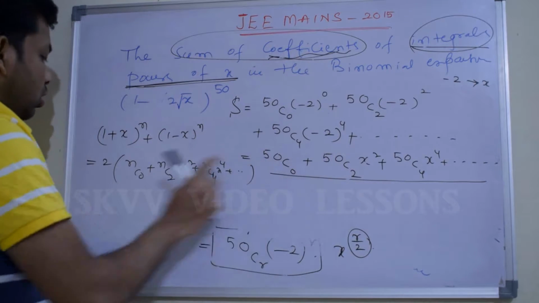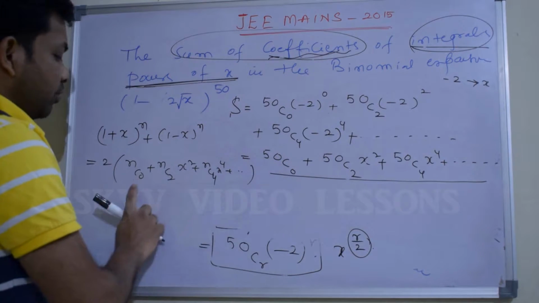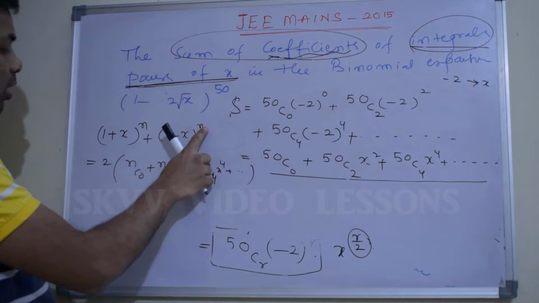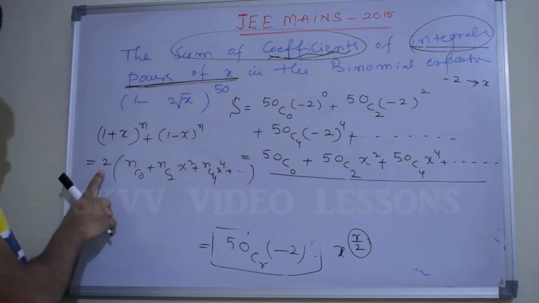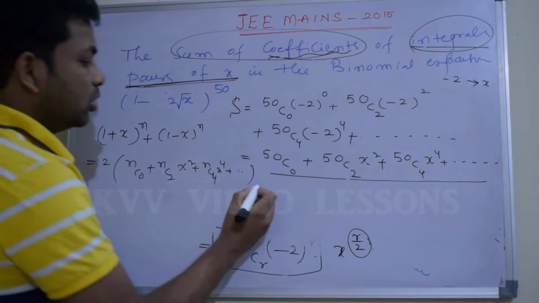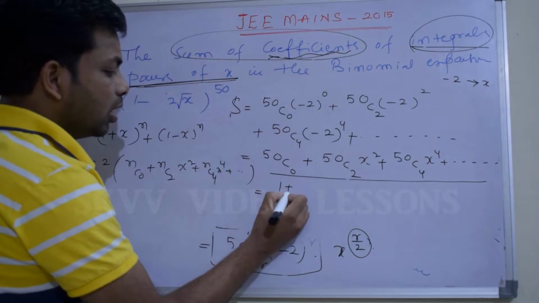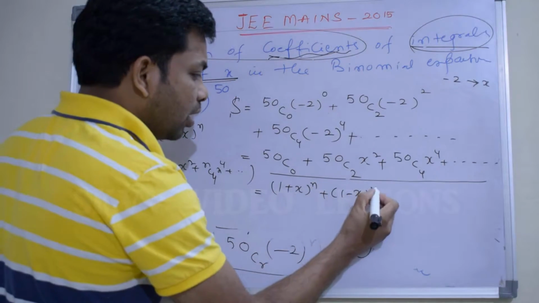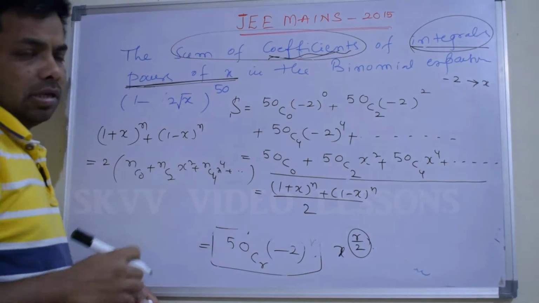The same thing I got here: 50C0 plus 50C2 x squared plus 50C4 x power 4. So the value of these is equal to (1 plus x) whole power n plus (1 minus x) whole power n, divided by 2, because the 2 is on this side. So dividing by 2 on both sides, this is the result.